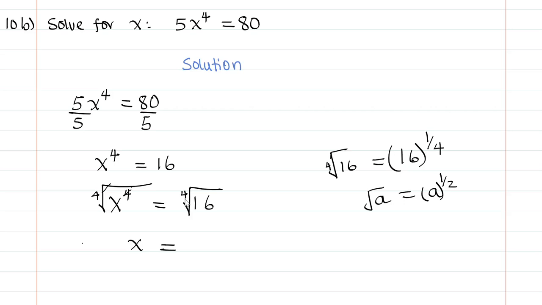This is root number 4. So 4 is even. Therefore, we shall have plus or minus. If you press the calculator and you press 16 to power 1 out of 4, that gives you 2. So here we shall have plus or minus 2.